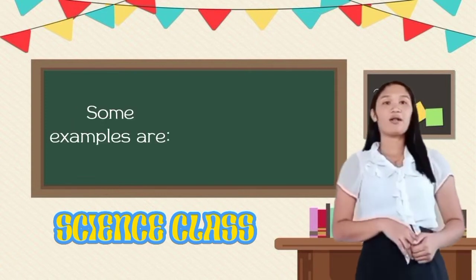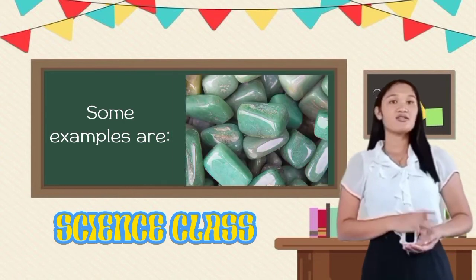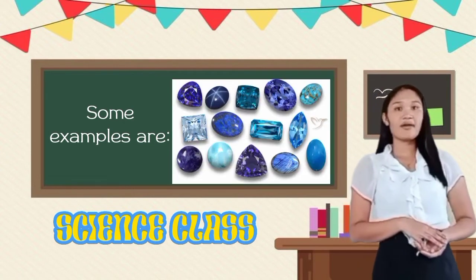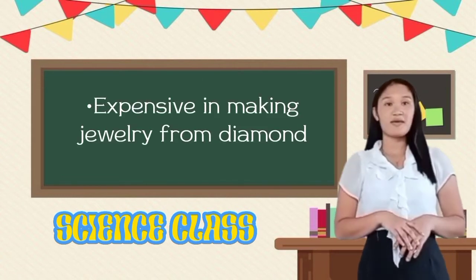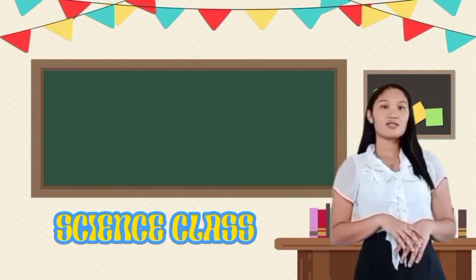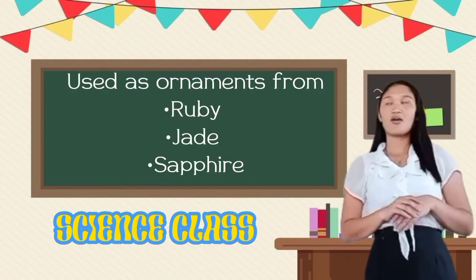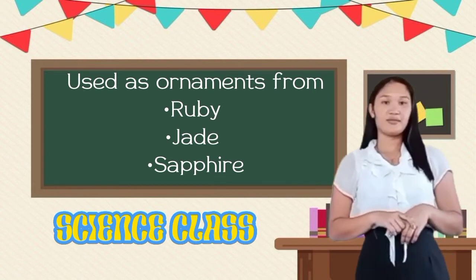Some examples of these minerals are diamond, topaz, jade, garnet, sapphire, beryl, and zircon. These minerals are expensive when used in making jewelry, such as diamond, and used cheaply as ornaments, such as ruby, jade, and sapphire.